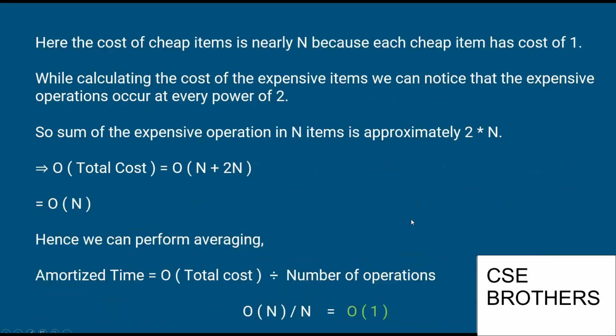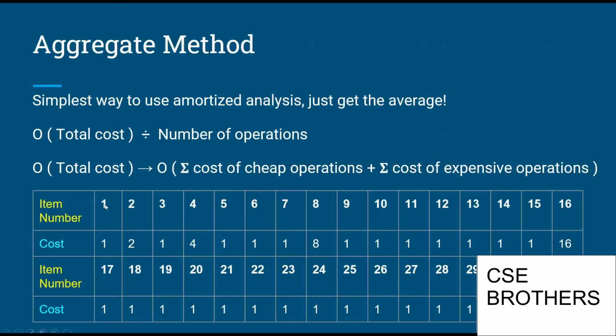So let's now calculate the cost of both the cheap and expensive parts. Here, the cost of the cheap items will be nearly n, because each cheap insertion will take only one cost, and for n items there will be around n cheap insertions, so we can consider the cost to be n. While calculating the expensive items, we can observe that every expensive operation occurs at a power of 2.